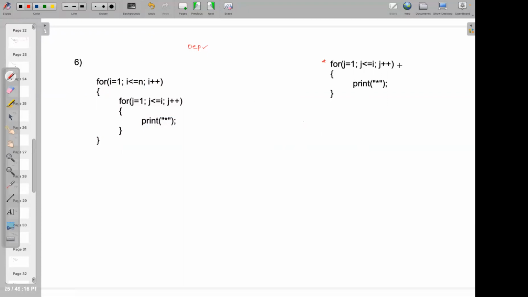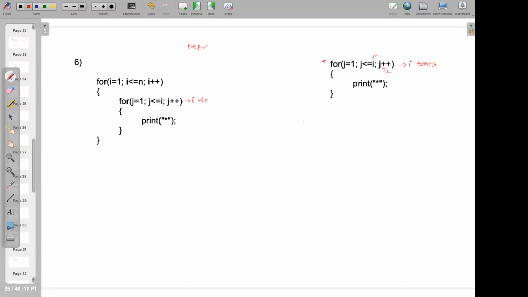So how many times this for loop will run, friends? I times, right? Starting at 1, going till I, and incrementing also by +1. Therefore, this loop is also going to run I times. Okay, now this for loop, I can now say that it runs for I times.